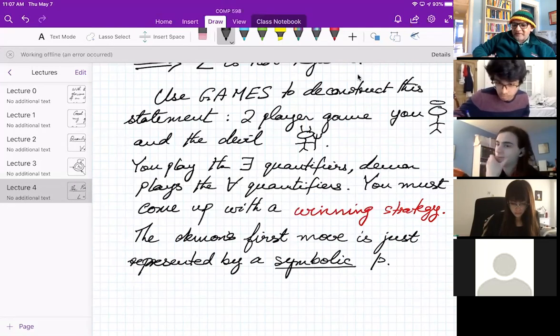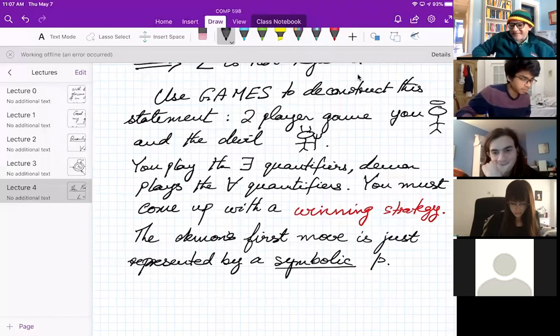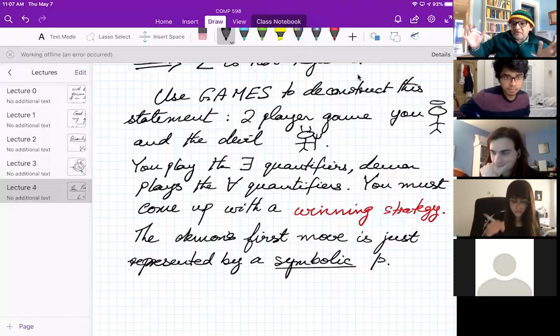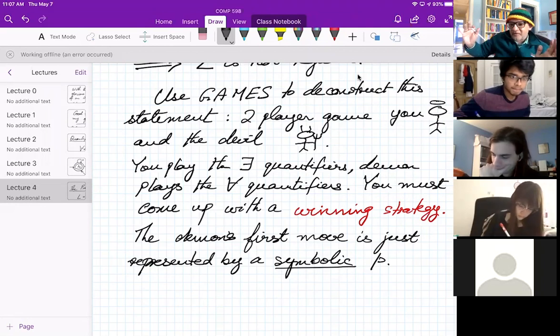You have no idea what P is. The demon is choosing P, not you. So you can't say stuff like that. So you just have to say the demon chooses some number P, and you have to deal with whatever P might be. So the only way you can deal with all these infinitely many choices that the demon might make is to say P is some unspecified number and I'm going to respond anyway.